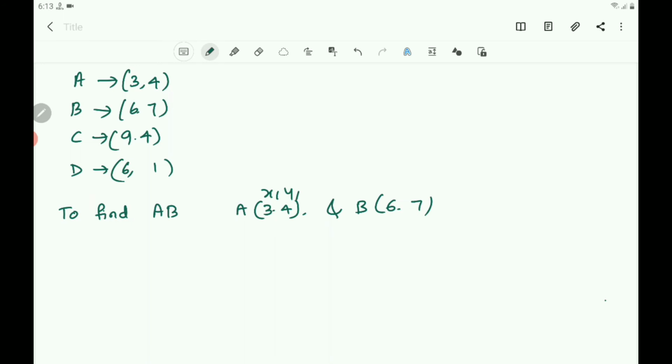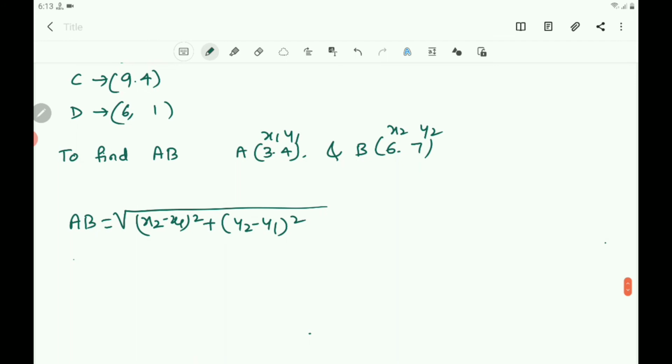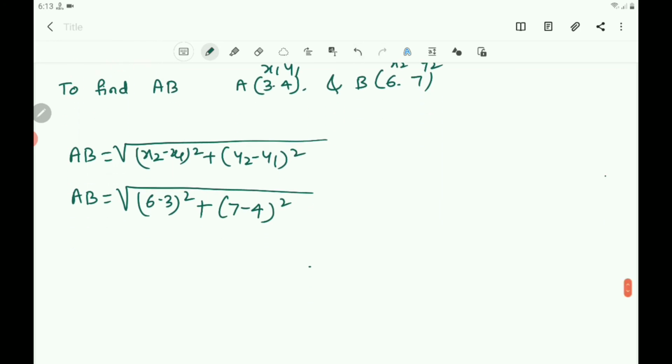Here x1, y1 is A and x2, y2 is B. Then AB equals the square root of (x2 minus x1) whole square plus (y2 minus y1) whole square, which is (6 minus 3) whole square plus (7 minus 4) whole square.